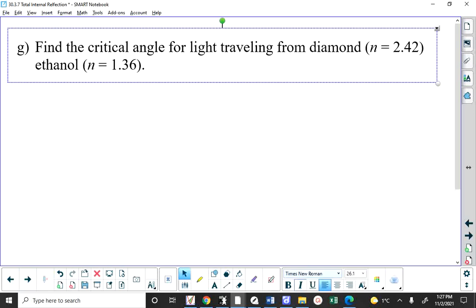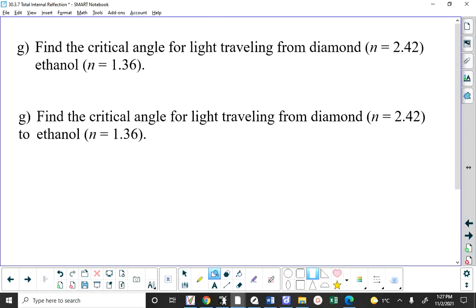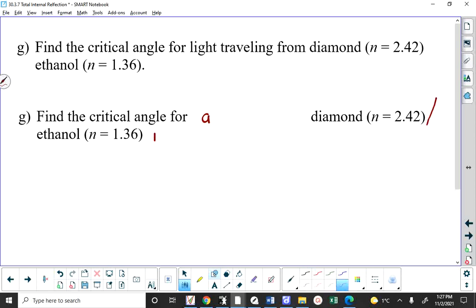What I could have done is I could have said instead, find the critical angle for a diamond/ethanol interface. I didn't have to tell you it's from diamond to ethanol.